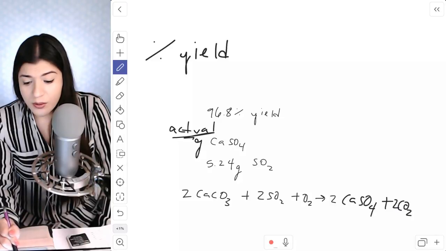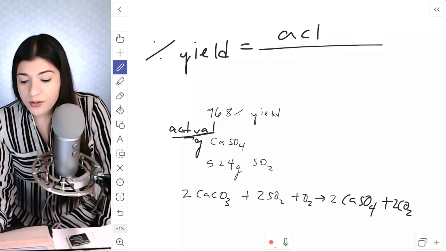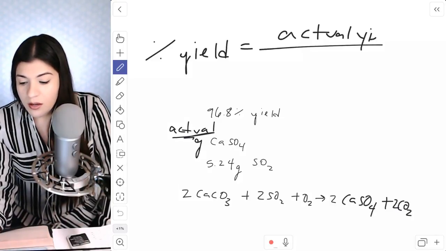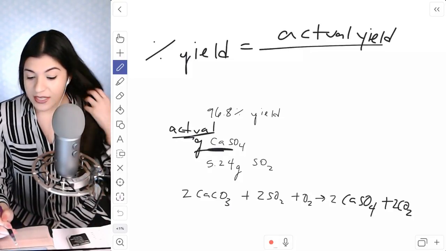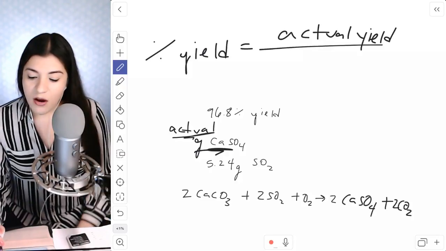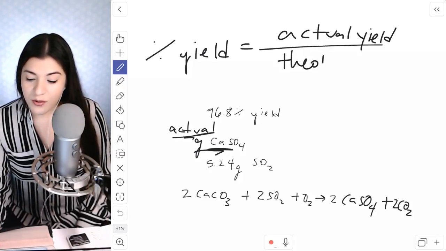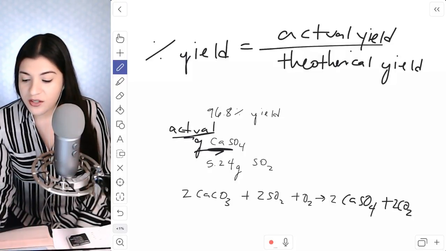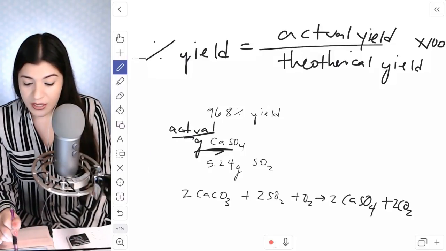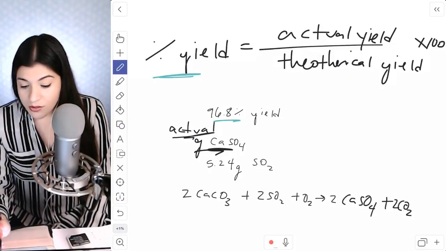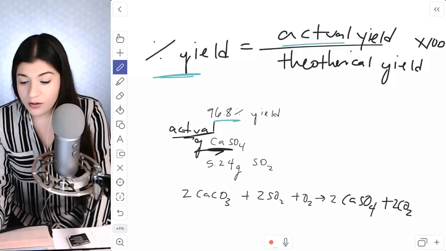So percent yield is going to equal our actual yield, which is what we're solving for, of that product, which in this case is calcium sulfate. And then on the bottom would be our theoretical yield, times 100 since it is a percentage. So what we're missing, because we're given our percent yield, is the theoretical yield. We're looking for our actual yield.